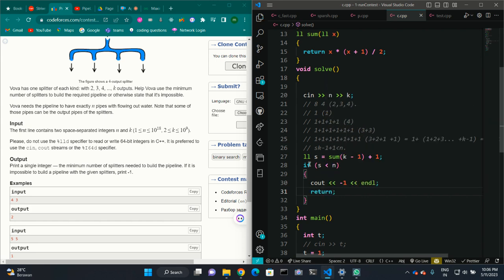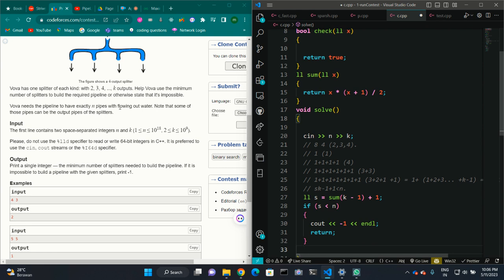Or if it is not the case, I'm going to apply binary search. How can I apply binary search? Because it is showing exactly n pipes, right?